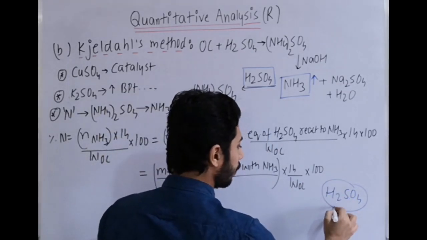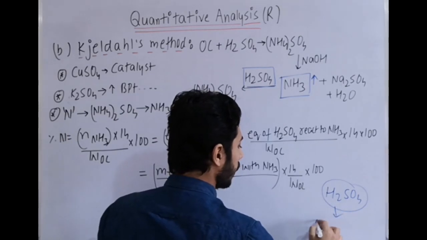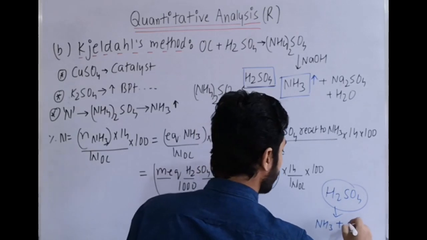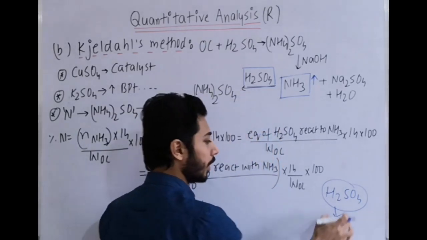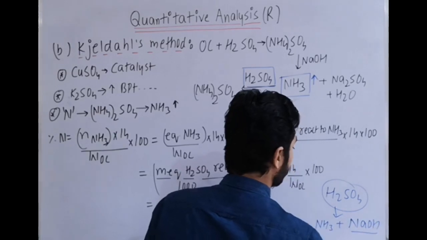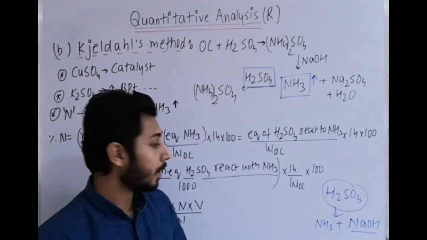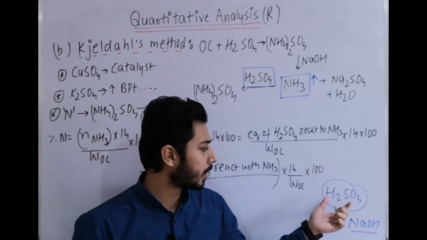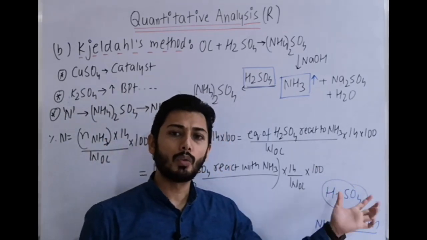Now this H2SO4 reacts with ammonia, as well as the excess of acid which is left after reacting with ammonia is further treated with NaOH, right?